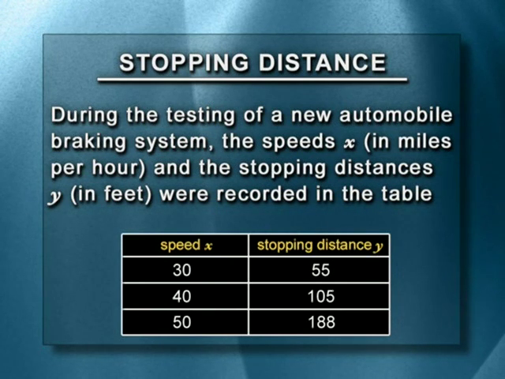So basically, you run some experiments, and you time people as they try to stop the car at various speeds. Now, again, this is pretty simple, but in real life, you would have maybe 1,000 pieces of data here. You would have all kinds of data. How could you get a handle on this data? Well, here's one way. We could fit a parabola to this data, and we've done fitting of parabolas before.